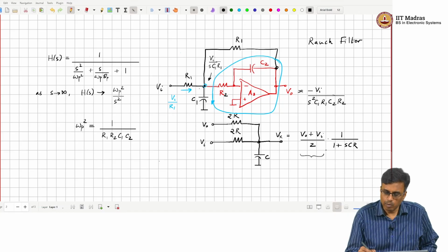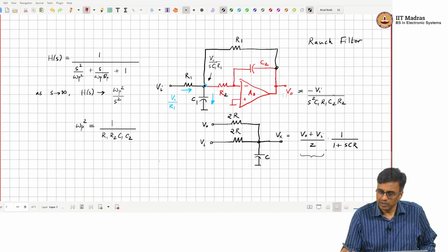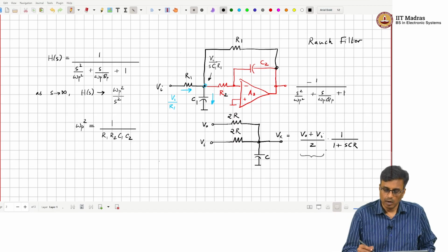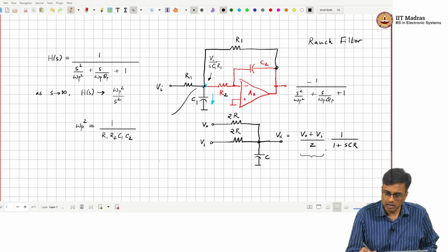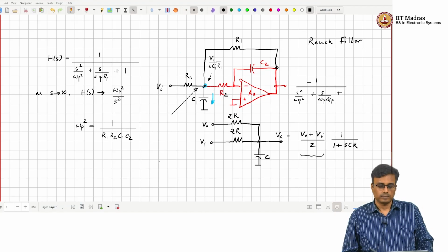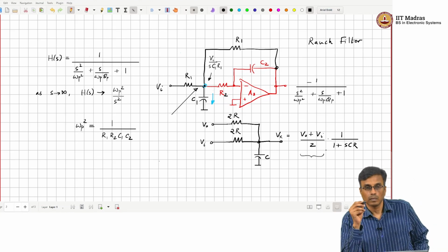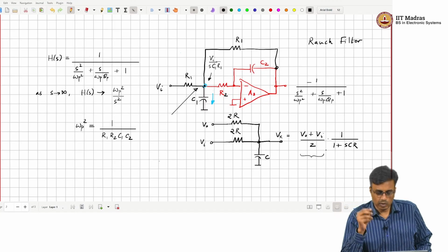Now, the frequency response at this node is second order low pass. It is of this form: minus 1 over S square by omega p square plus S over omega p Q p plus 1. Now, what is the transfer function here?